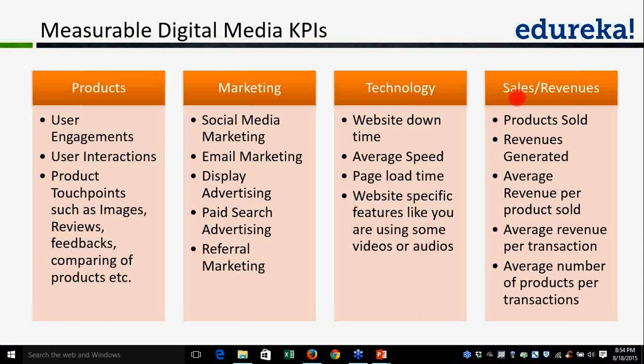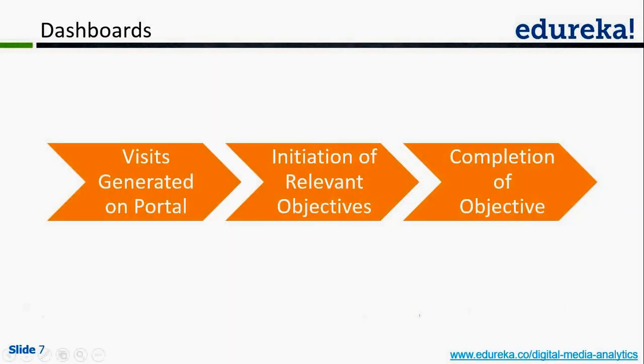These are just a few examples: when all these metrics are tracked, you come to know a lot of insights about the product, about your website, about portals, and accordingly you can take strategic calls on what to do next.